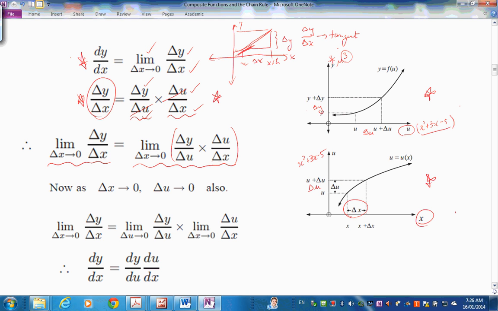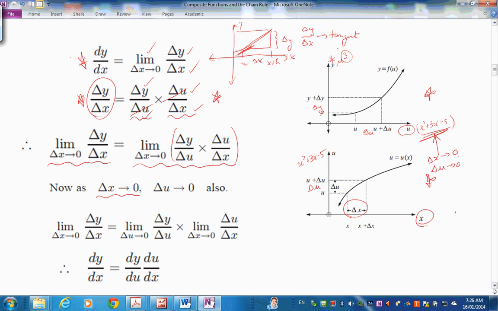That's showing you visually on the graph what's going on with those fractions. Now, if delta x tends to naught, because u is some function in x, then the overall function here will tend to naught.